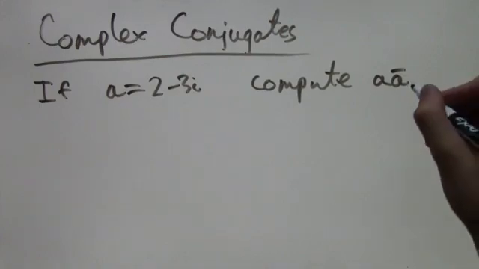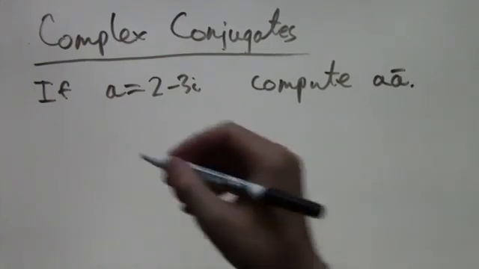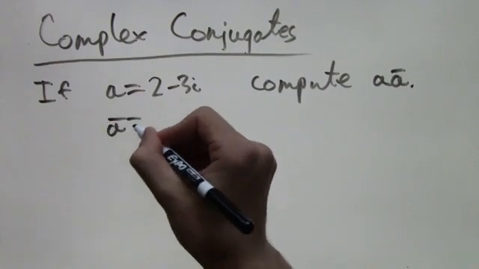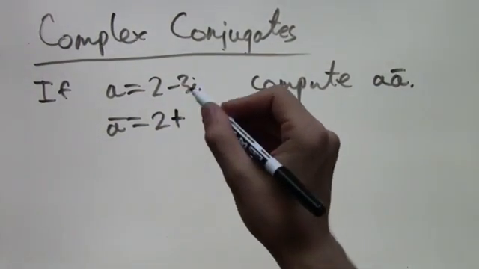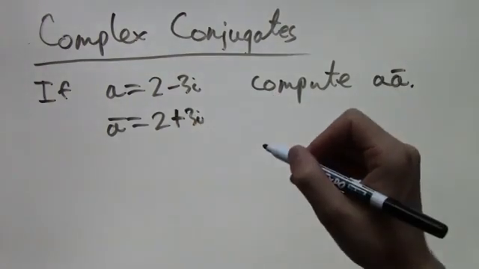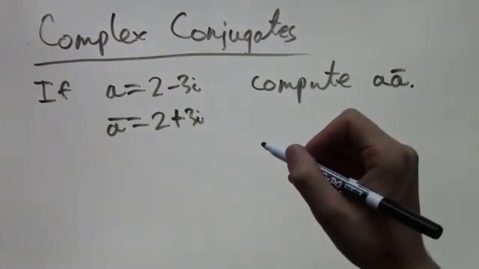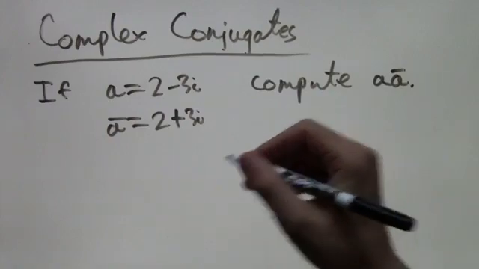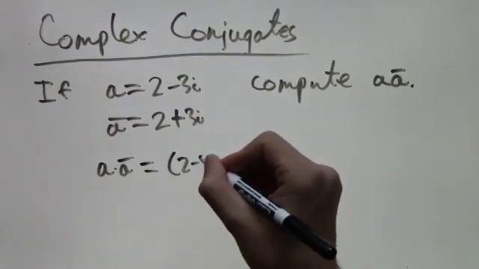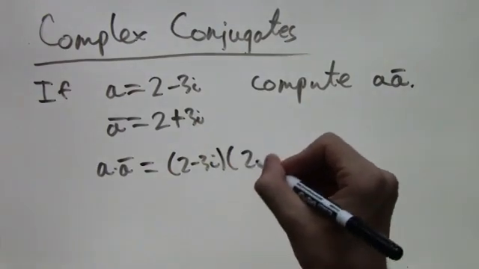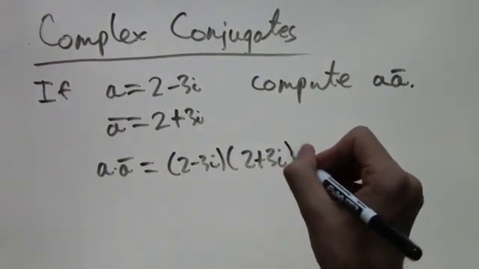Well, A times A bar is not too difficult to compute. First we need what A bar is, and it's 2 plus 3I, because we had minus 3I, but this is the conjugate, so we switch the minus to a plus. And so that means that A times A bar is equal to 2 minus 3I times 2 plus 3I.